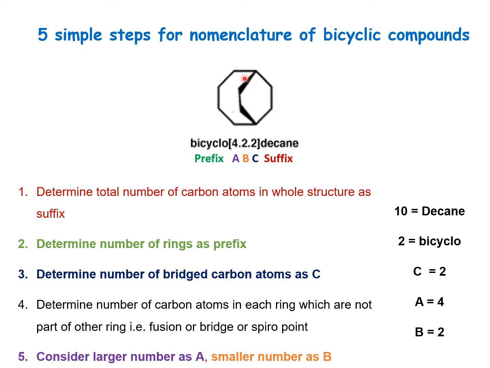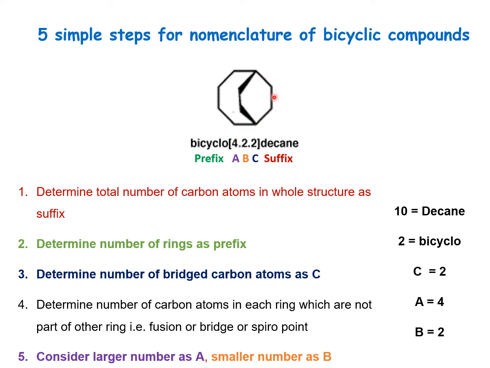Now we need to eliminate fused as well as bridged carbon atoms, and consider in both the rings how many other carbon atoms exist which are not part of either fusion or bridge. So in this first ring there are 1, 2, 3 and 4 carbon atoms which are not part of fusion or bridge. So there comes 4.